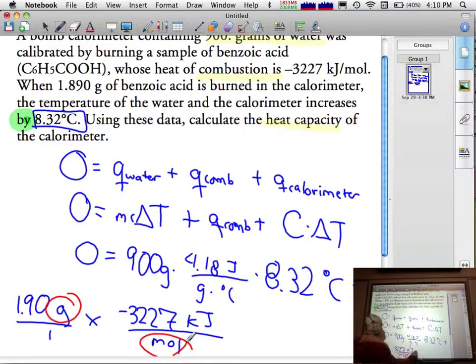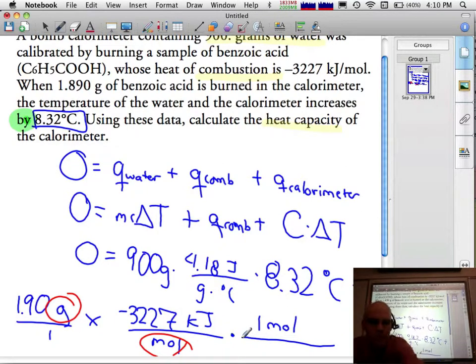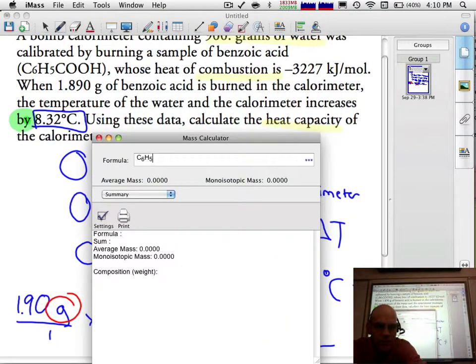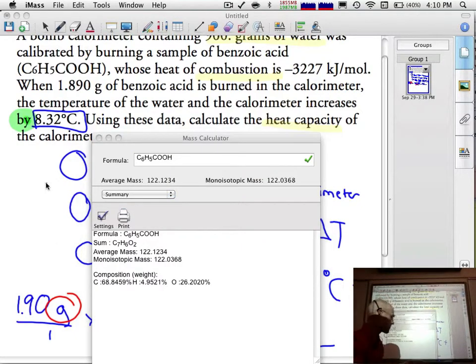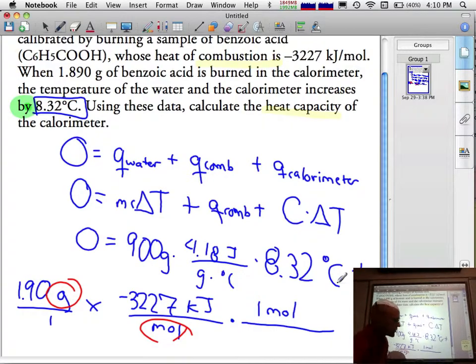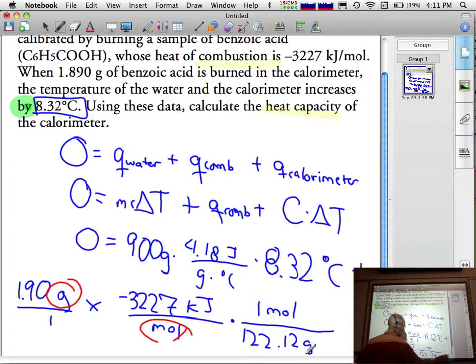In other words, we need to do a really simple stoichiometry conversion here. So we have 1 mole of benzoic acid on the top, and the molar mass of benzoic acid on the bottom. I don't feel like calculating that, so C6H5COOH, 122.12 grams.